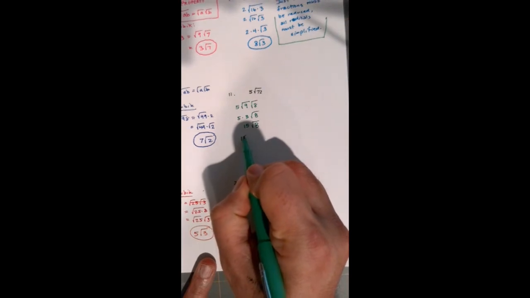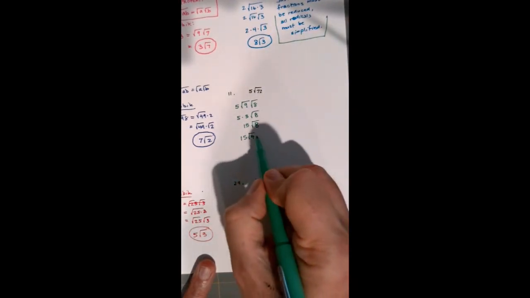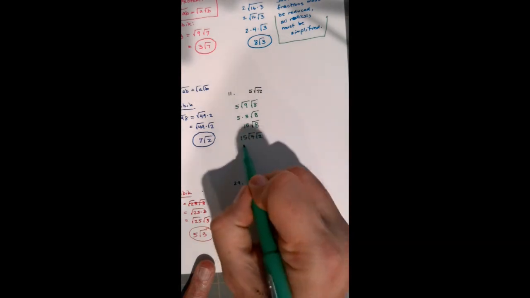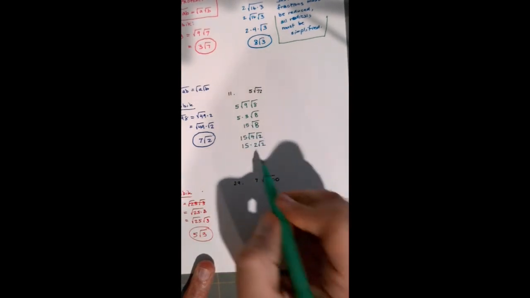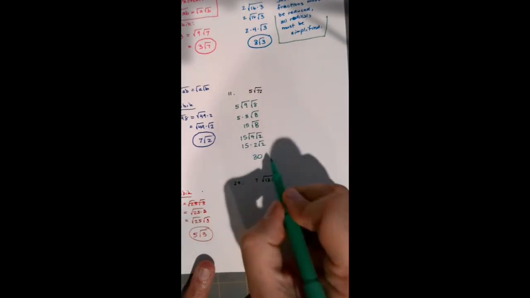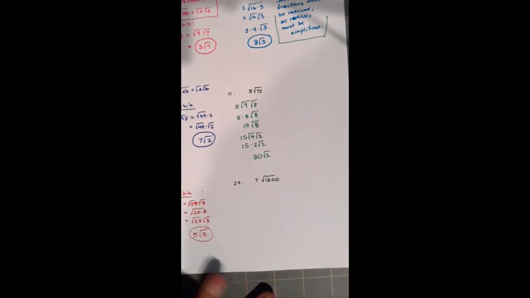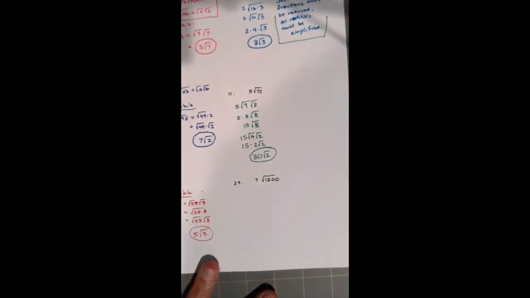So that would be the same thing as 15 times root 4 times root 2, which would be 15 times 2 root 2. So the answer to number 11 is 30 root 2. That is the answer, so I'm going to go ahead and circle it.